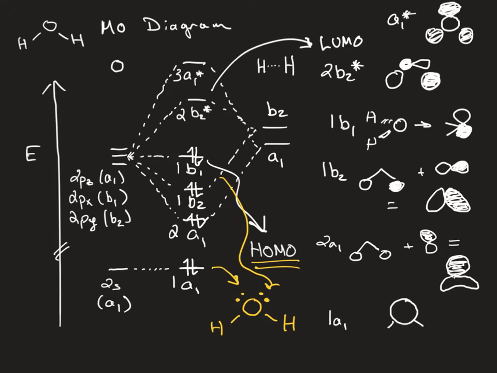Furthermore, we have 2 molecular orbitals that have significant hydrogen-oxygen bonding. It's your 1B2 and your 2A1, which correspond nominally to those bonding type orbitals. Although, as I said before, you don't want to get too carried away with making analogies between the Lewis structure and the MO diagram.